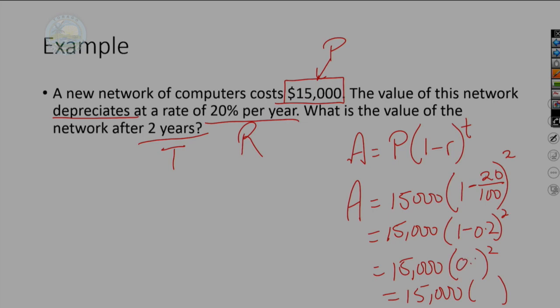So this becomes 0.8 squared, which is 0.64. Now what is 0.64 times 15,000? We can go to our working column and work it out.